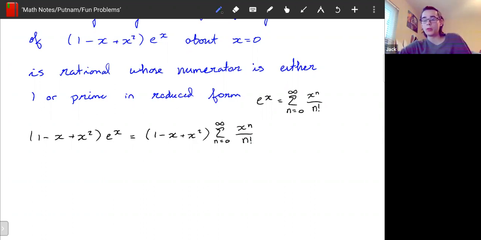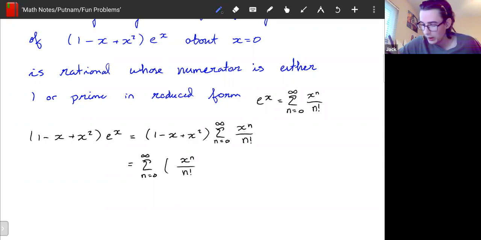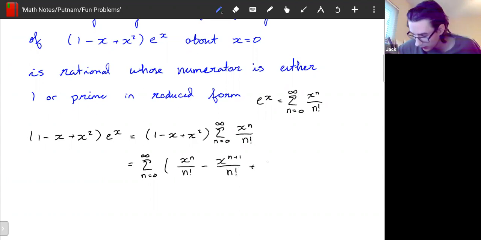Okay, let's go ahead and move this right here into our sum so we can get a glance at what these coefficients are going to look like. We're going to distribute that over, and we'll have x to the power of n over n factorial, and then minus x to the power of n plus 1 over n factorial plus x to the power of n plus 2 over n factorial, right?